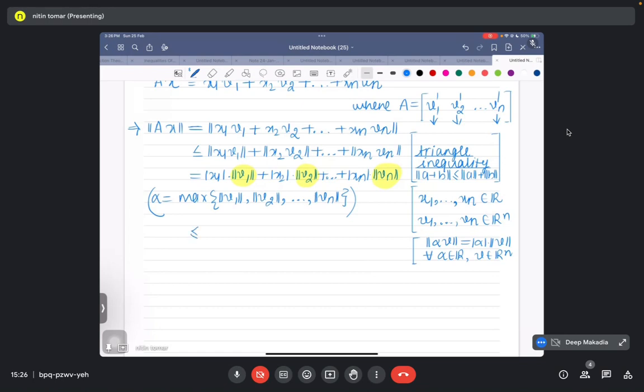So I can just take alpha common and I can write mod x1, mod x2. Or maybe if you are so rigid, then alpha naught. And this is independent of x. Am I correct? This alpha naught is independent of x.